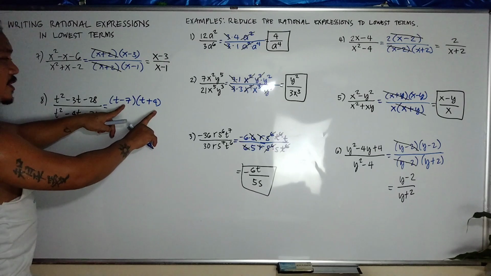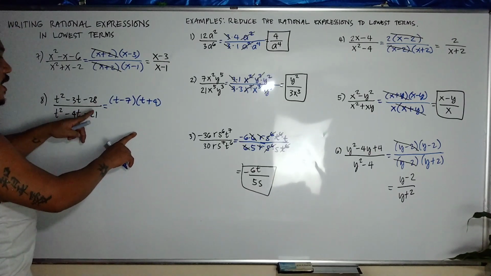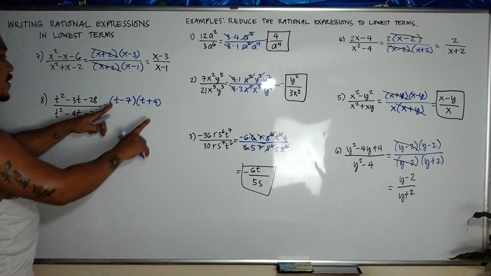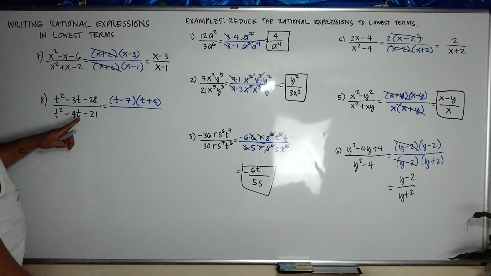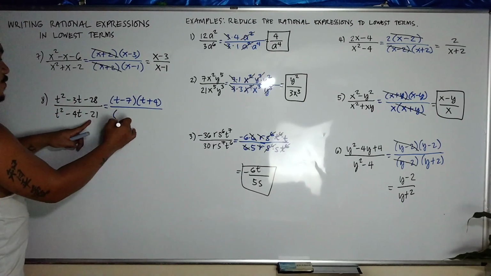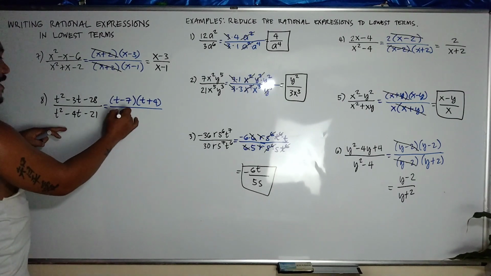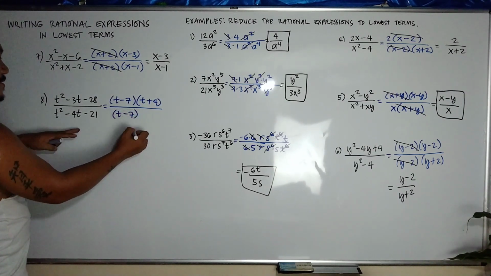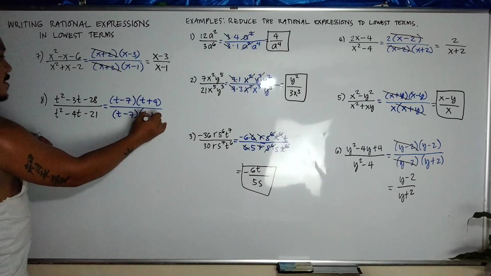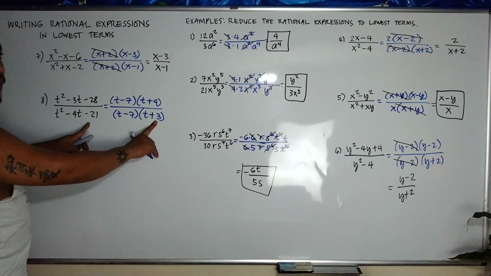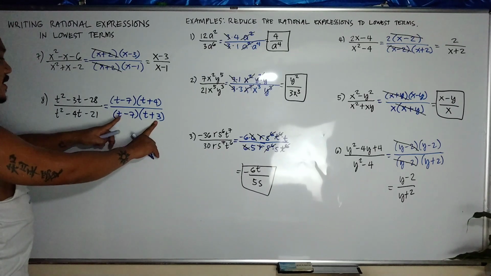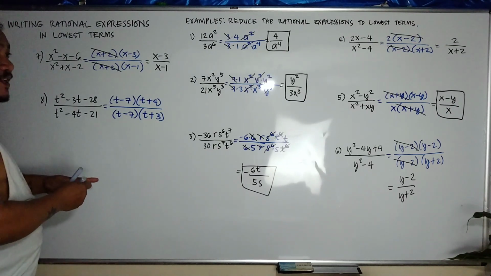Check: negative 7 times 4 is negative 28, and negative 7 plus 4 is negative 3. So we are correct. How about the denominator? It is negative 21, so it involves 7. So t minus 7 times t plus 3. Check: negative 7 times 3 is negative 21, and negative 7 plus 3 is negative 4.